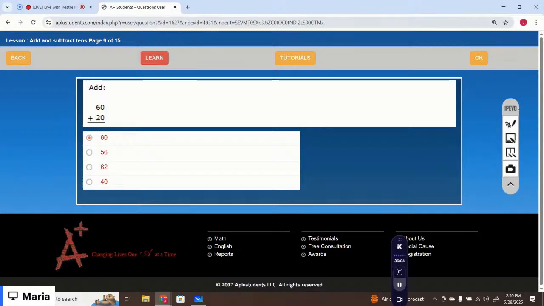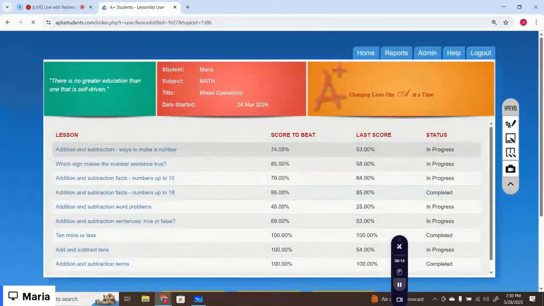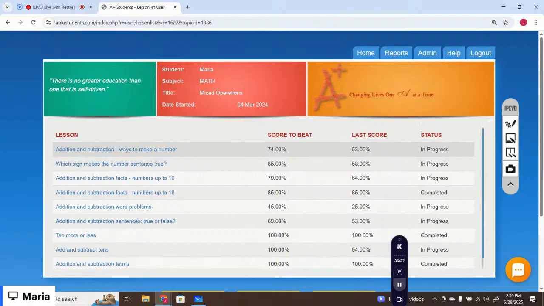Okay, you can complete the lesson by yourself every day. It will be just one exercise. That is addition and subtraction terms. Just start with yourself.